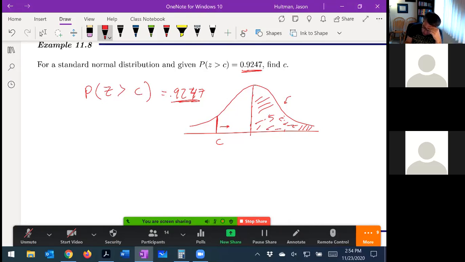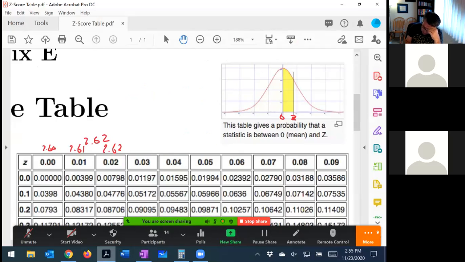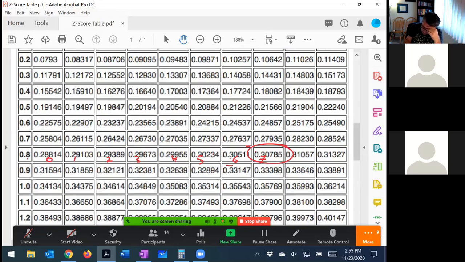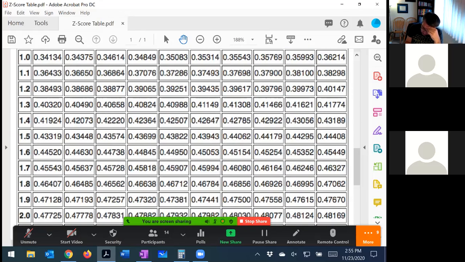So what I'm going to do is take my 0.9247 and subtract off this 0.5 so I can get a z-score. Okay, so that becomes 0.4247. I'm going to look at my table and work backwards. So this is 0.423, 0.425, 0.426, 0.427.